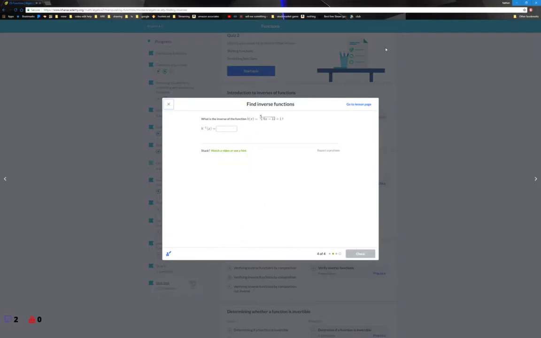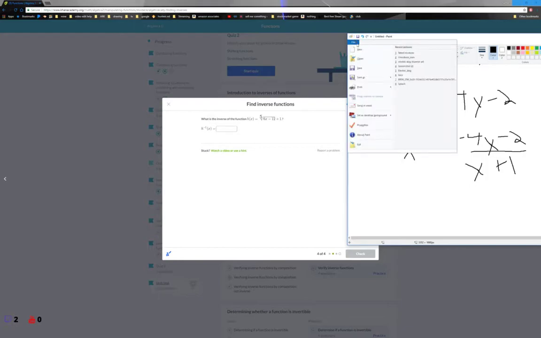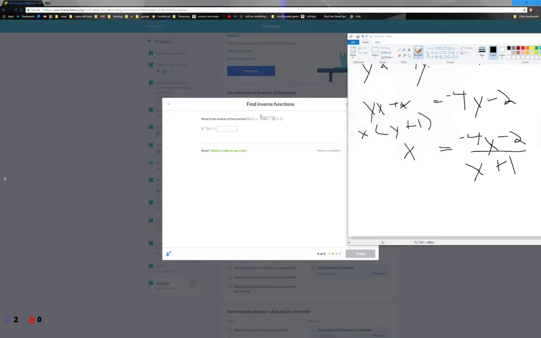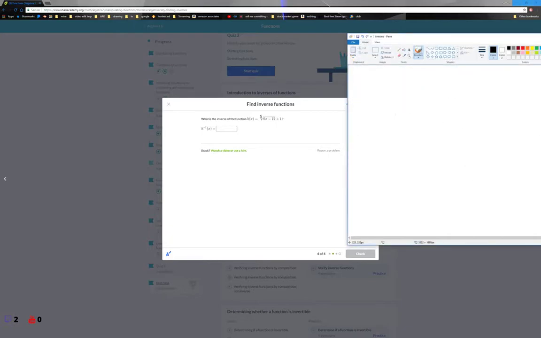There we go. All right, the inverse of the function h of x equals the 5th root of 6x minus 12, all that plus 1. Here we go. Replace with y: y equals the 5th root of 6x minus 12 plus 1.